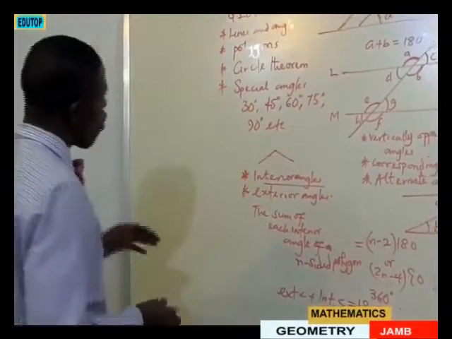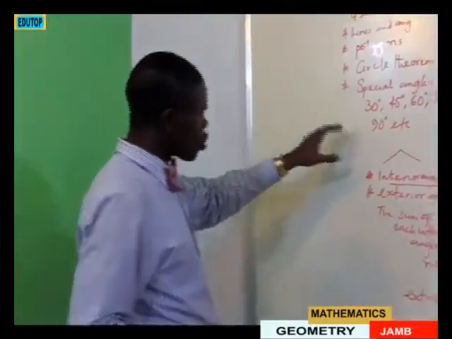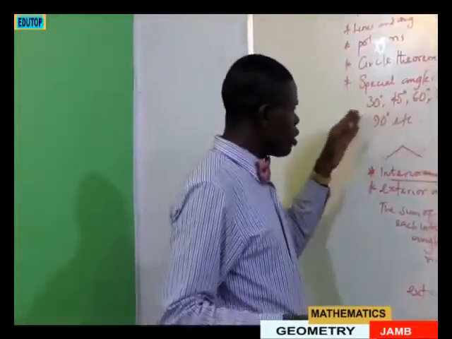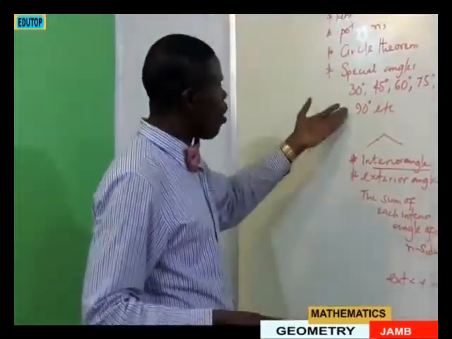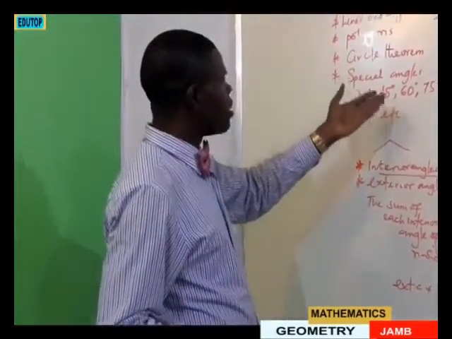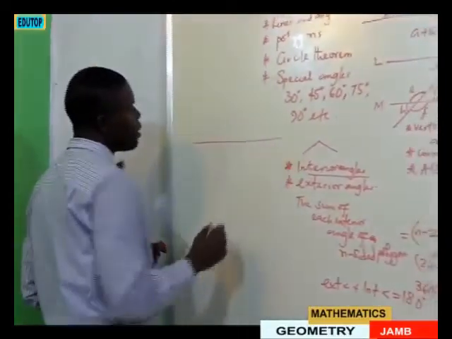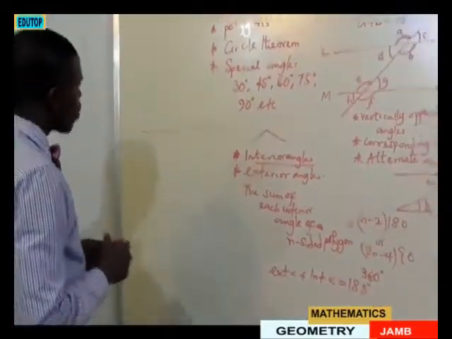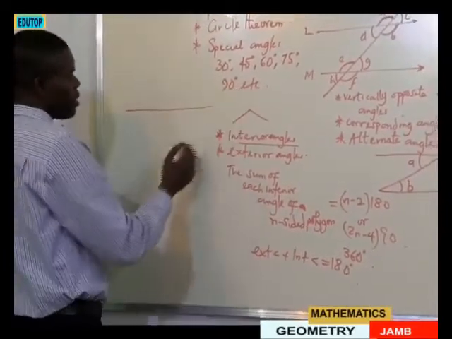We should have known how to construct the special angles, these basic angles, in our previous lessons. Like your 30 degrees, 45 degrees. In this situation, I just want to have a rough sketch. If you are to construct 90, it is usually the basics.